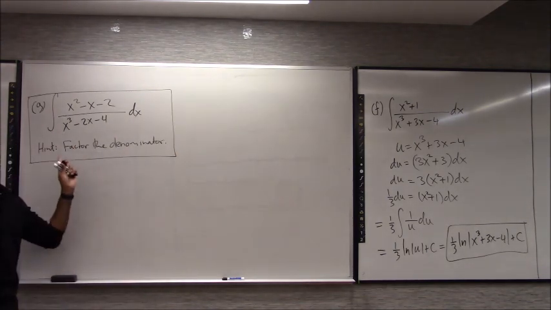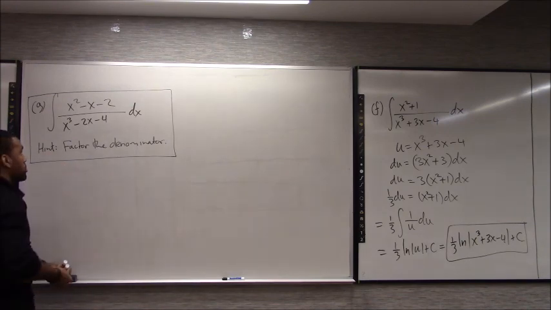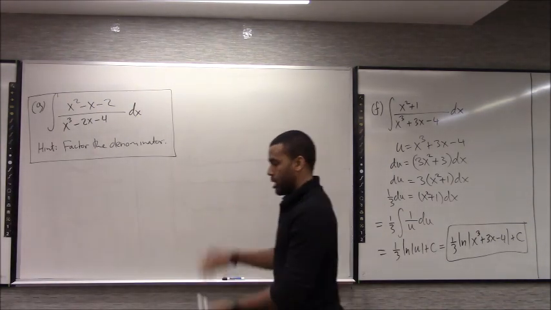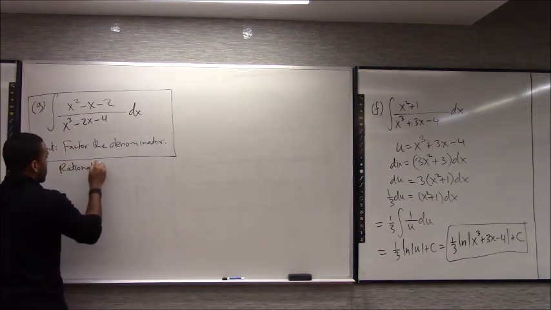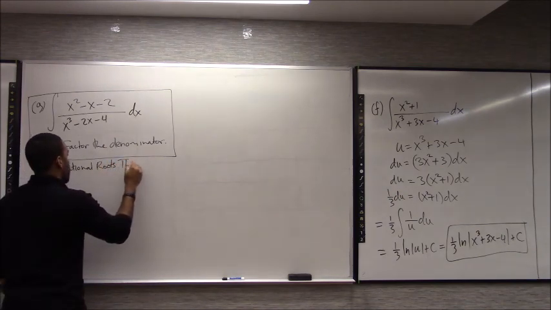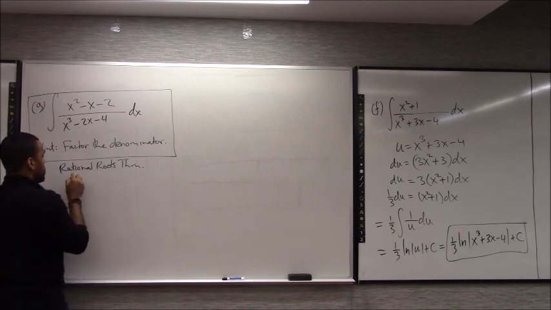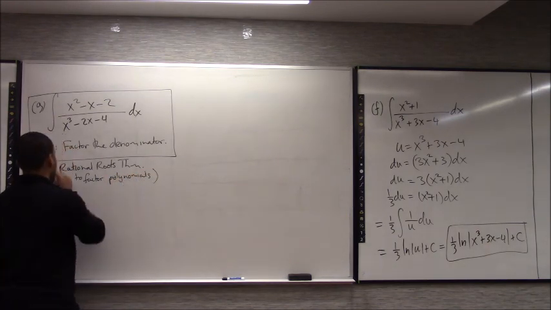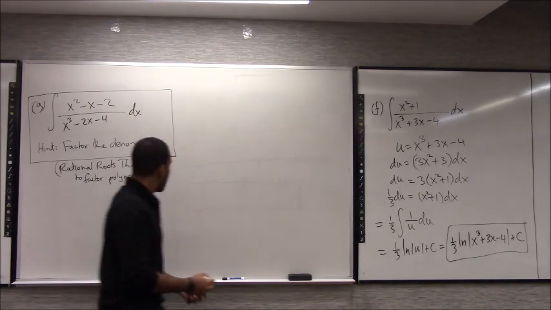Or unless anyone actually did this one. Okay, go home and work on it. I think, how can I factor the denominator? Look that up. Rational roots theorem, probably. So look up rational roots theorem to factor polynomials. Right. Do a Google search of that. You should find something useful. Push comes to shove, you can look at my Math 1000 lectures. I taught that in the class.